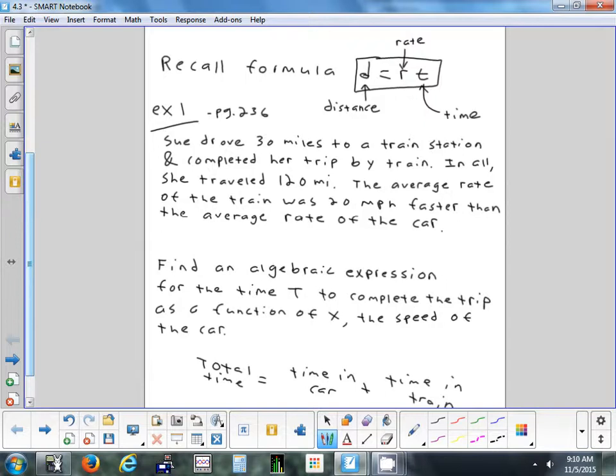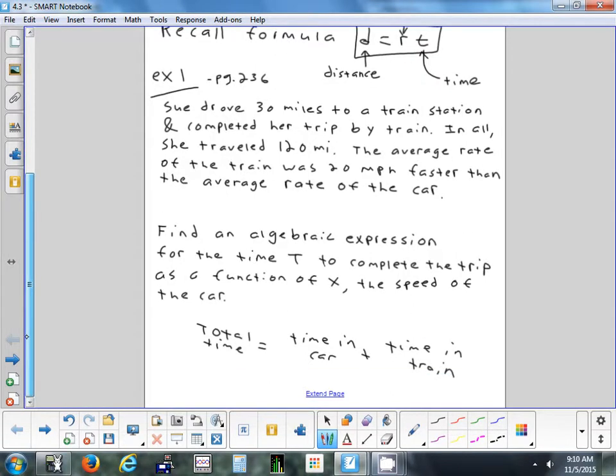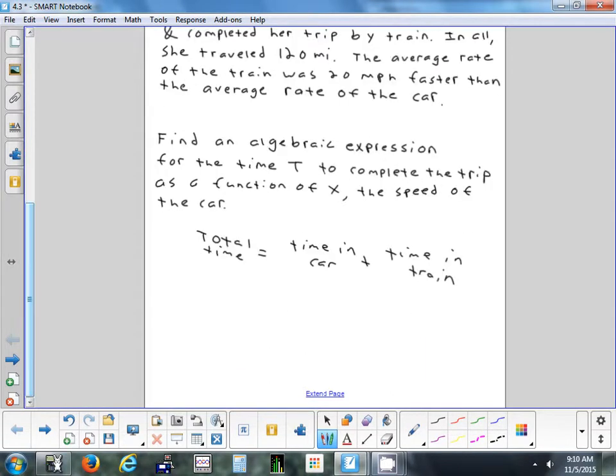All right, and we've got to use this formula somehow to find time. If you have your distance, your rate, and your time, how can I rearrange that to get t equals? Divide by r. Yeah, distance divided by rate equals time. So if we can find our distance in the car divided by the rate of car, distance divided by rate is time.